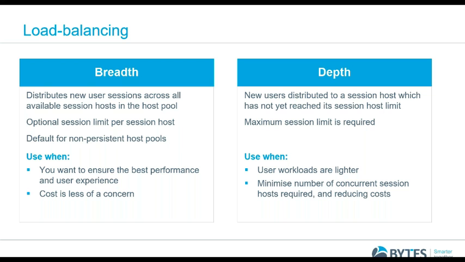So if it's the first user of the day, they'll go into one of the first virtual machines. The second user will go into a different virtual machine. But once you hit the number of virtual machines plus one, that user that logs in will then share a session host with one of the other users.